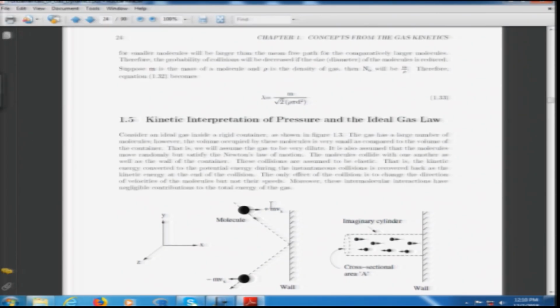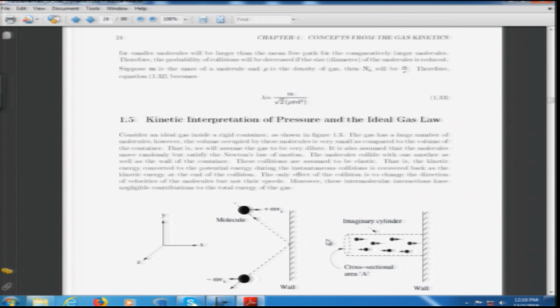So please note that we do not have any preferential direction of motion of the molecules. In the Cartesian coordinate system, in the x, y, and z directions, we do not have any preferential direction. Let's say the molecules are moving in the x direction, where the wall is vertical here and the unit normal vector in the x direction is i.